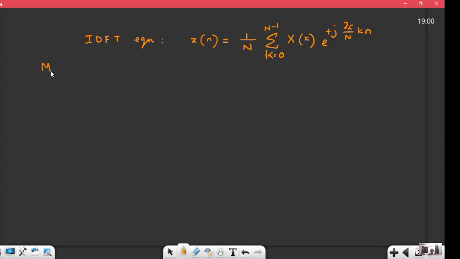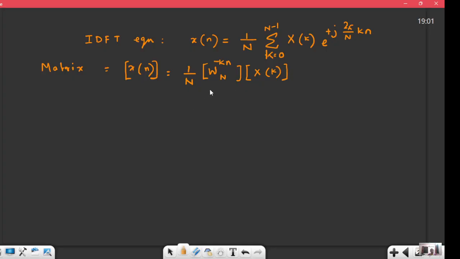In matrix form, the same equation can be written as x of n is equal to 1 by N W matrix with minus kn, the Twiddle factor is minus kn because the exponent is positive here, multiplied by x of k.